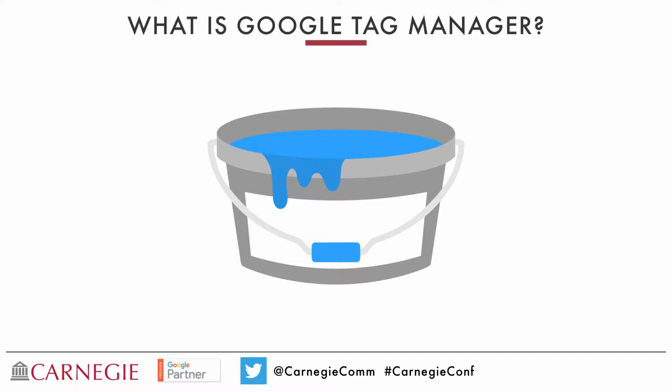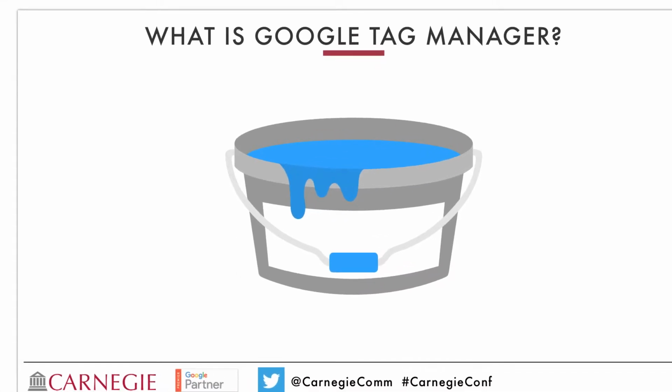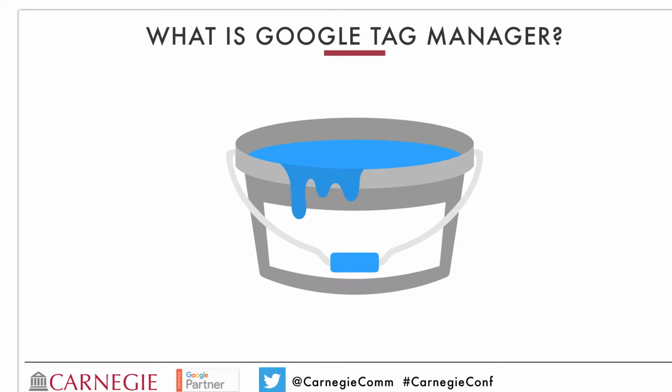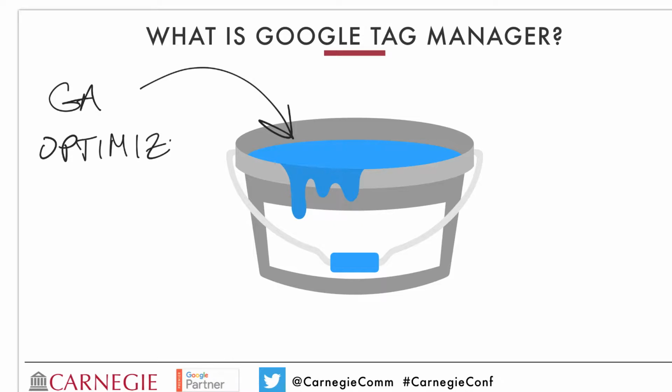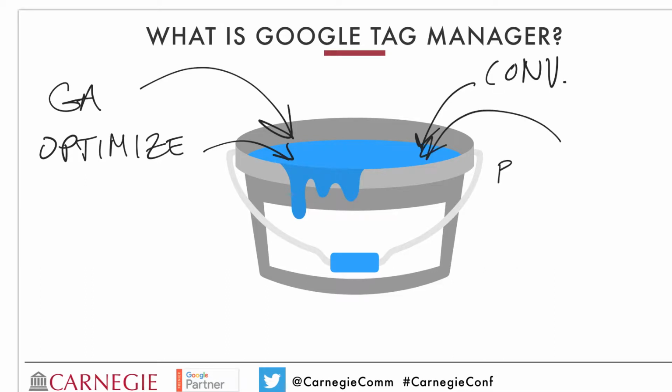Those codes include things like Google Analytics, or GA for short, Google Optimize, conversion pixels, AdWords remarketing tags.